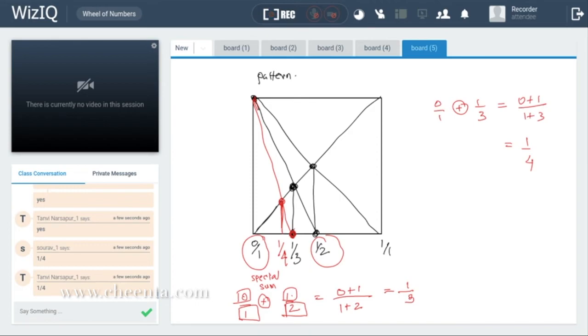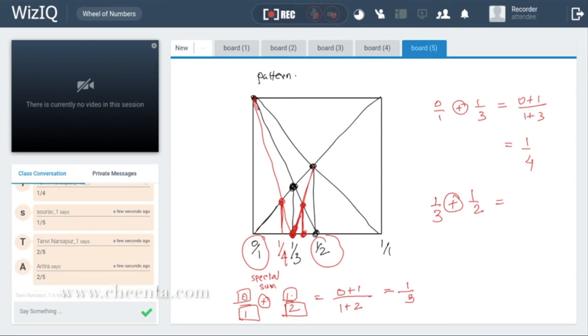Okay, and if you join these two and from here drop a perpendicular, what is the special sum of 1 by 3 and 1 by 2? So that is 2 by 5, isn't it?